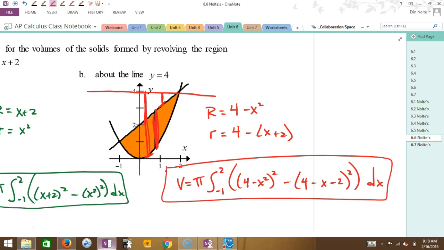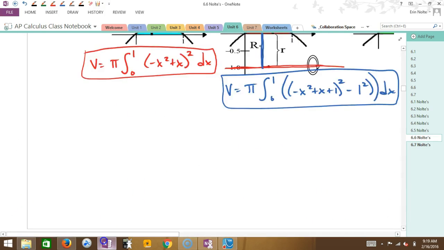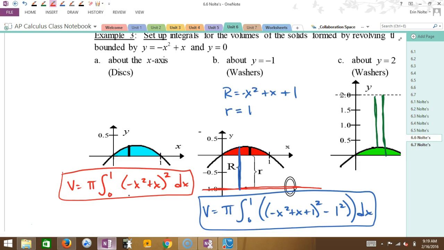So it's going to create a washer. Do you see how in question 1a, that one is a disk? That whole area is up against the thing that you're revolving around, the x-axis. The whole area touches that. Does that make sense how the difference is? Okay.